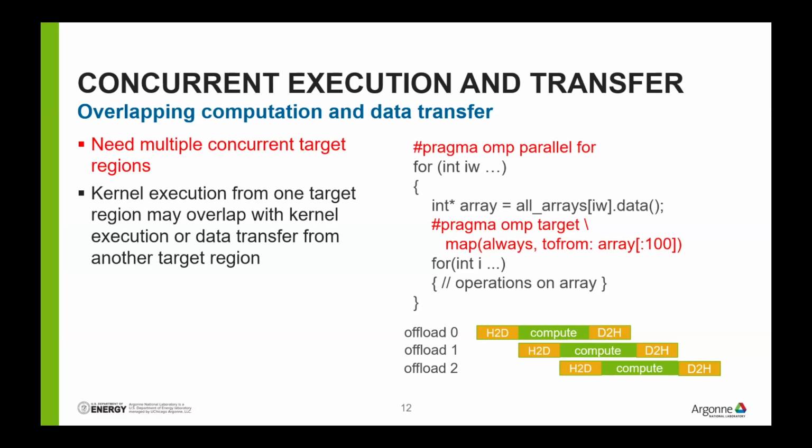The computation within each target region is asynchronous, and between different target regions you get those overlaps. You've learned that when doing GPU computation, we should try to overlap the computation and data transfer. That's the benefit you receive out of the OpenMP runtime library.